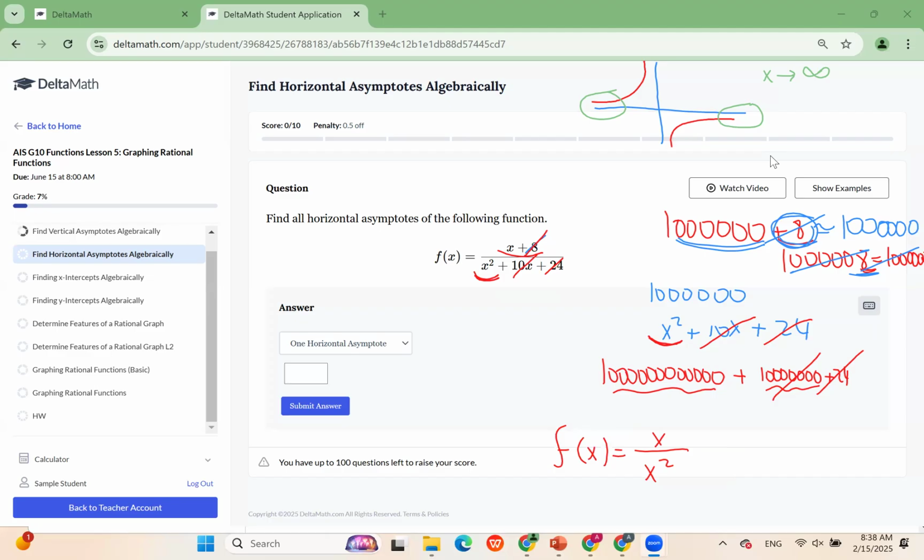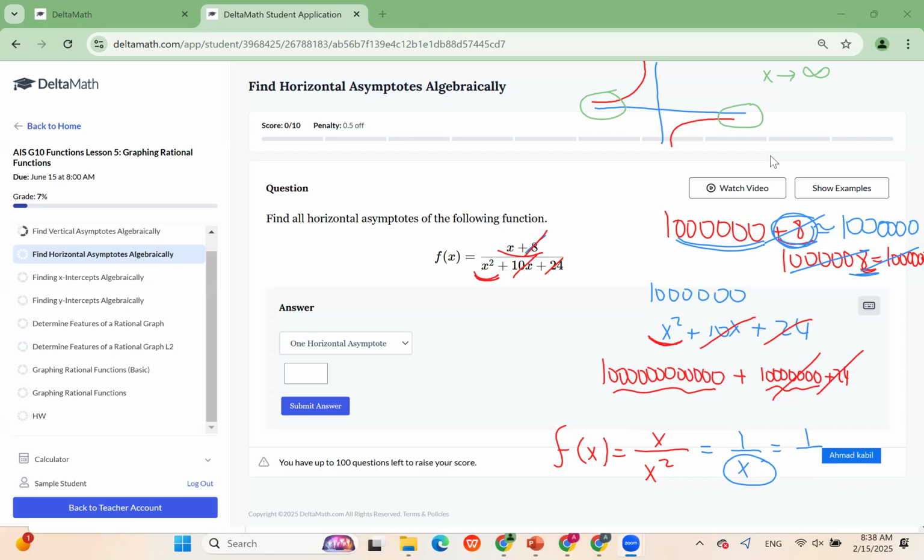Now, we want to simplify this expression. If you divide x by x squared, you get 1 over x. And again, we're plugging x in as a very large number. So 1 over a million. What's 1 over 1 million? If you have $1 and you're dividing it among 1 million people, what does each person get?